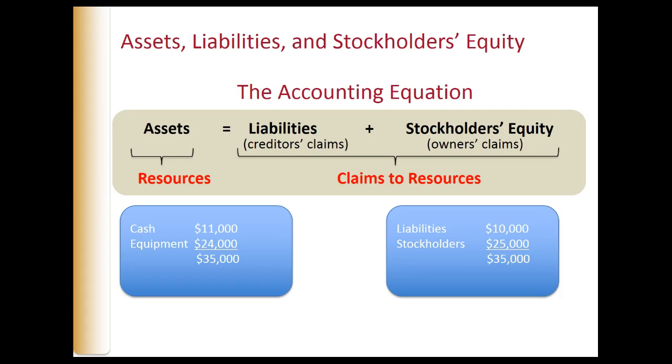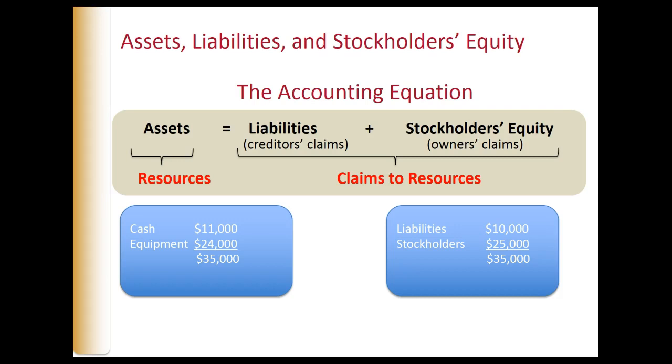Now, all the various buddies of Ed's contributed money into stock, which equated into stockholders' equity, and the owner's claims because they own a piece of this company. The owner's claims against those resources are 25,000.